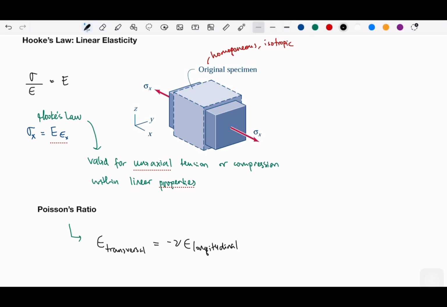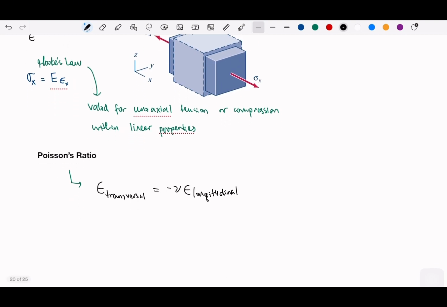So we can write here the Poisson ratio is equal to minus the strain transversal divided by the strain longitudinal. Let me just write it completely.